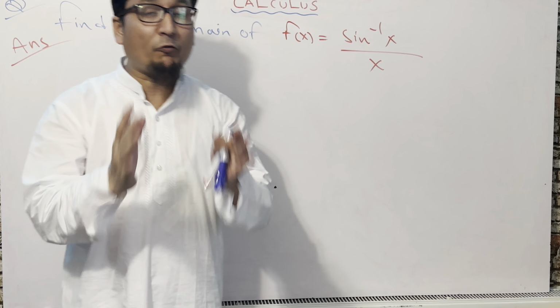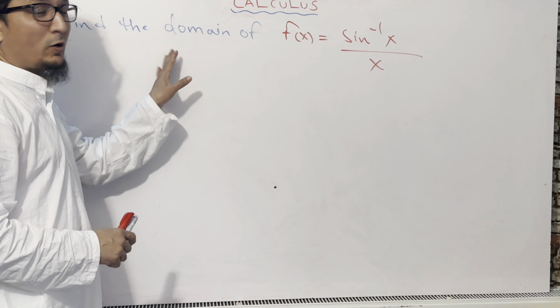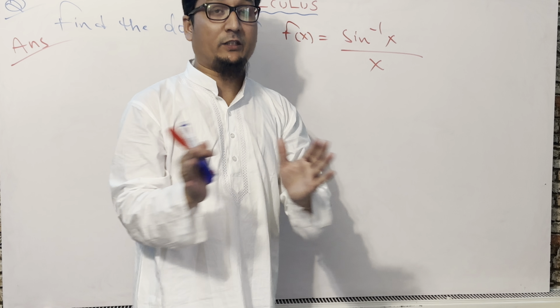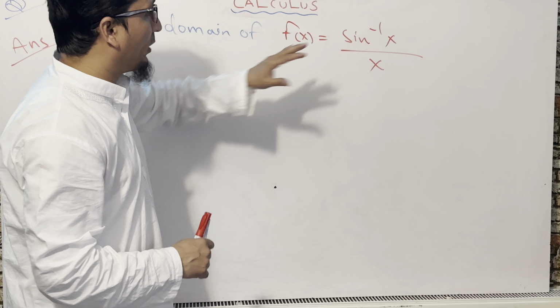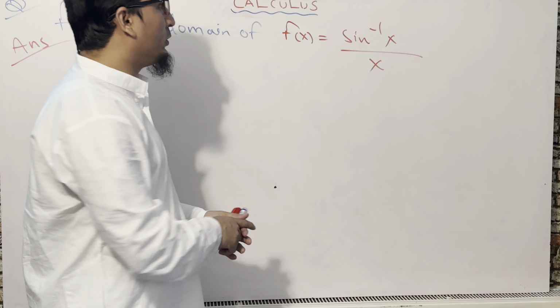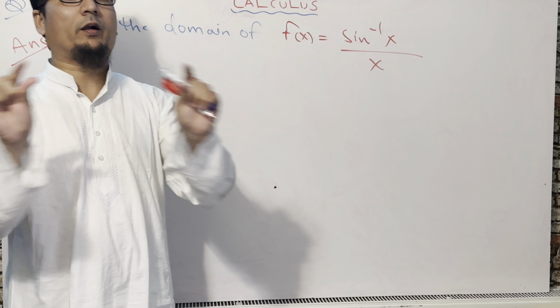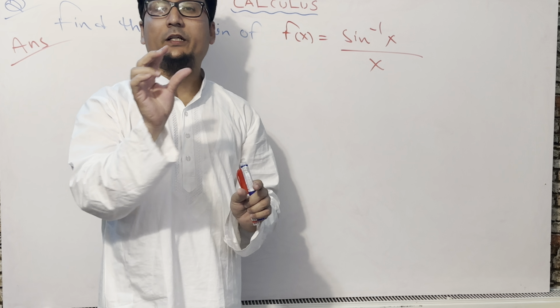Whenever you see two functions in a function and you have to find the domain, you have to find the domain of each individually, the domain of this one and the domain of this one. Two different domains of two different functions, and then take the common part, the intersection.